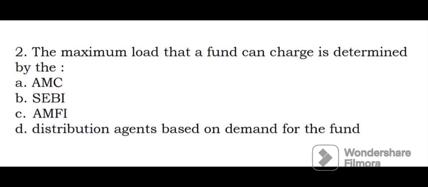C, AMFI, that is Association of Mutual Funds in India. Option D, distribution agent based on demand for the fund.